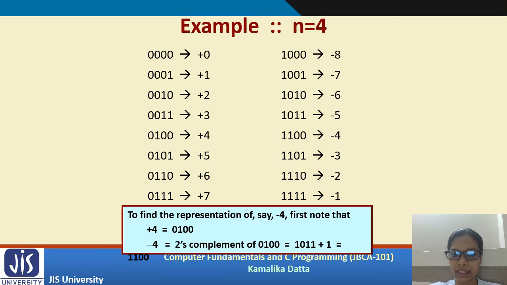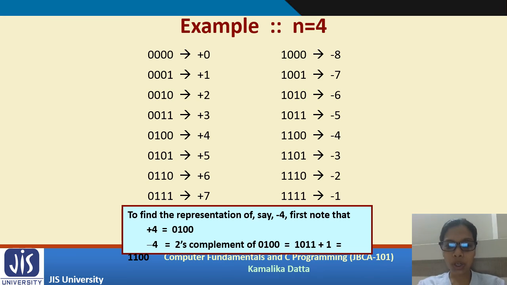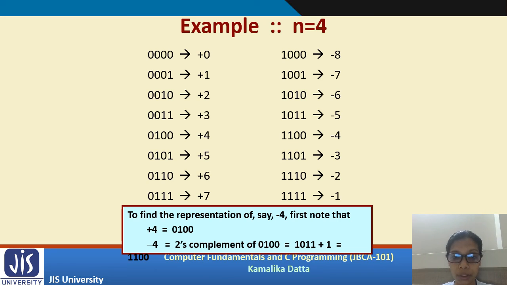Similarly, if you convert any of these to 1's complement first and then add 1 to it, you will get the 2's complement of these numbers. Okay, let us see how we represent minus 4. So what is plus 4 first? We know plus 4 is 0, 1, 0, 0. Then we need to know the 2's complement of 0, 1, 0, 0.